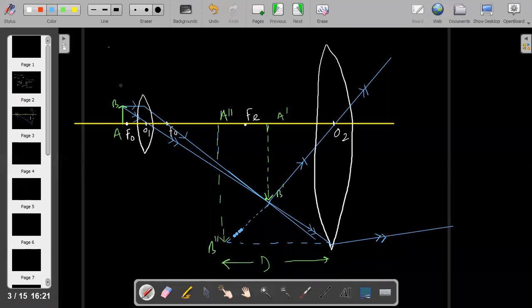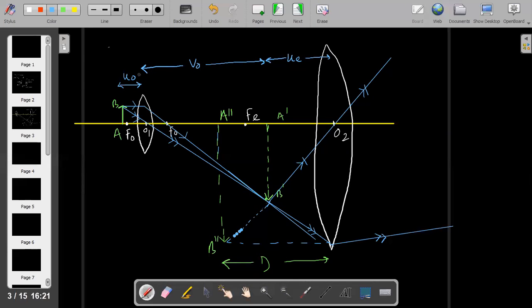Draw this: this is the object distance UO, clear? And this is the image distance UE from the eyepiece, clear? And this distance is VO.